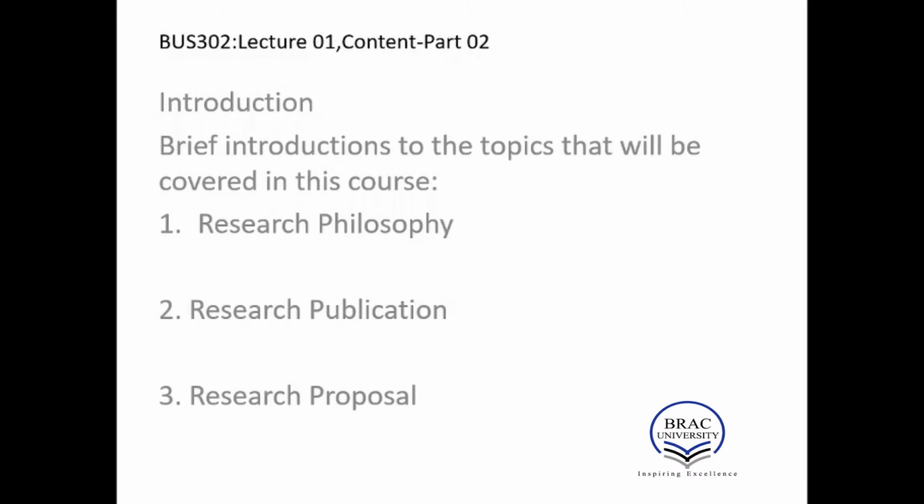Now, this course aims to give students the necessary skills to conduct different types of research, namely research that is conducted in real life business organizations, as well as research that is conducted in an academic environment. Real life business organizations have to conduct research frequently.